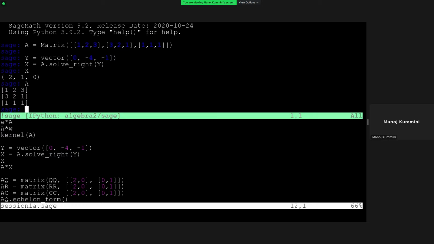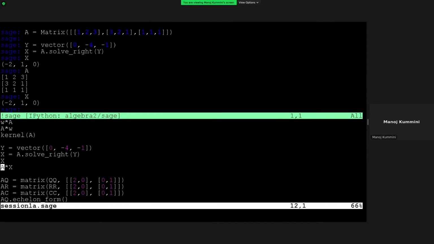This is Linux, and probably the same way on Mac. Windows, I do not know. You can just run Sage on the command line, and it will open a terminal in which you can type Sage commands directly. It's like the Python interpreter or GHC, which you would have seen last semester, just a REPL interface.